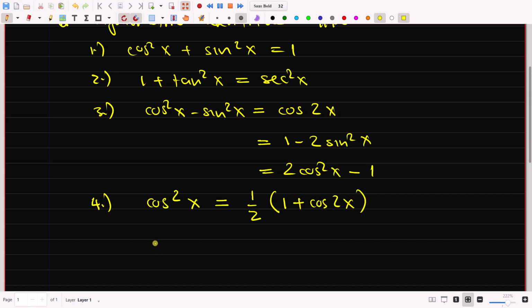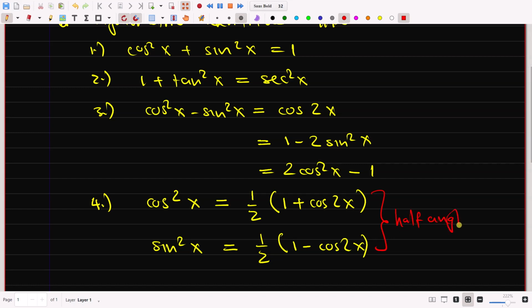And then also you must know that sine squared x is actually equal to half of bracket 1 minus cos 2x. These results that we have just stated, we call them the half angle identities most of the time. They are very important for integration. They are one of the most important results.